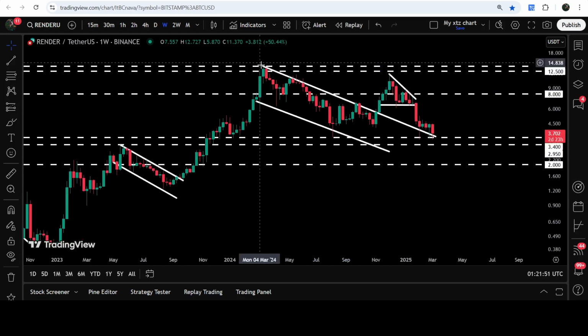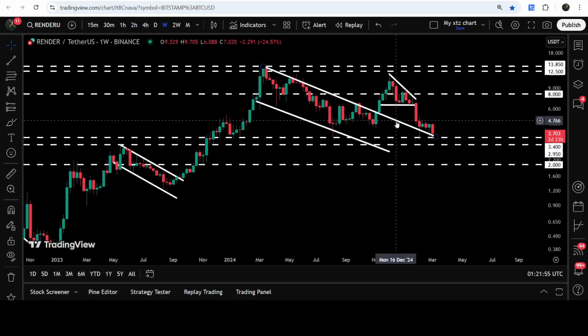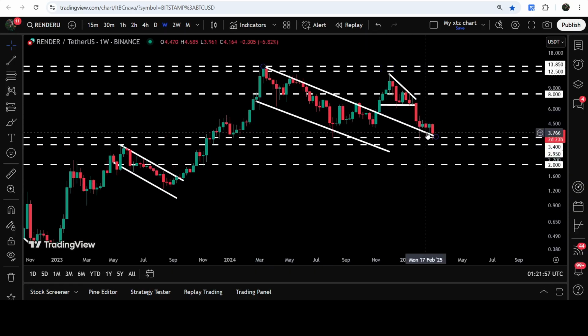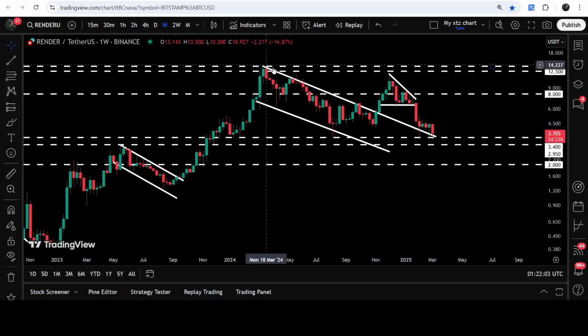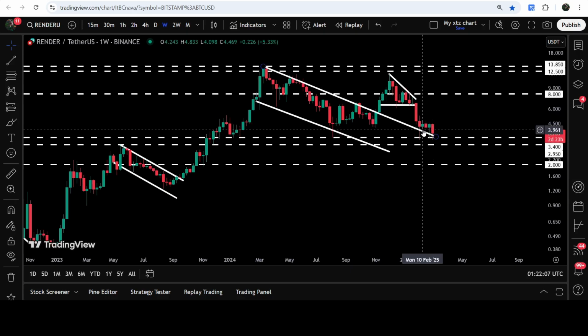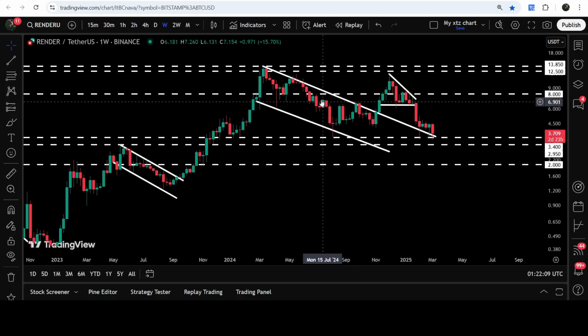At the same time, we are also retesting the previous resistance of this down channel that we have already broken out, as a support. Therefore, here we have so many support levels. Like we have this complete support zone. We have the previous resistance of the channel as support, two support levels we have here, very, very strong support.